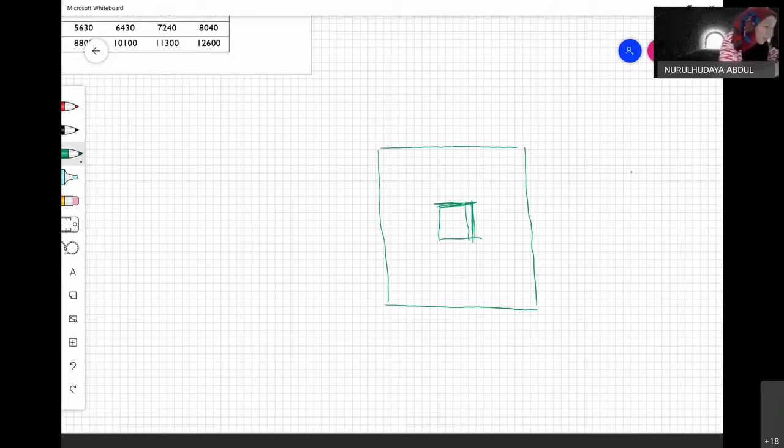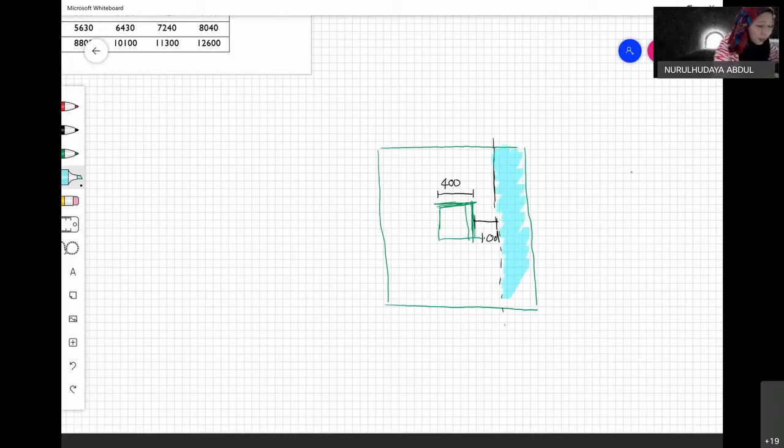We know that the width of the column is actually 400. And for vertical or transverse shear, this is the rules. This is supposed to be 1.0D. Mana yang transverse shear-nya area dia, this is the area.